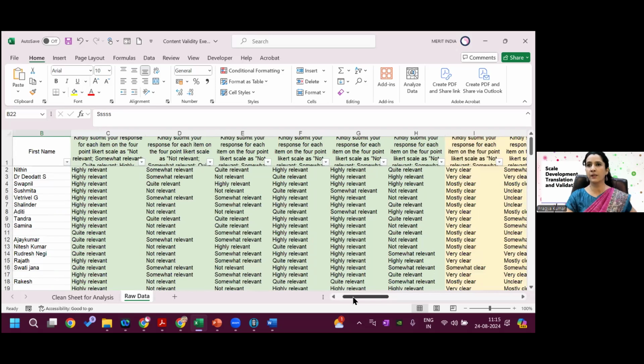Dr. Bhumika is asking, ma'am, there are 34 experts we take, can we see the value according to the Lawshe sheet? Generally, you should not have that many, 34 experts.